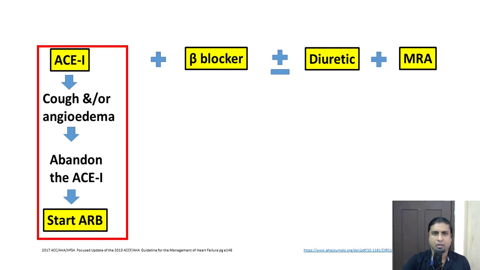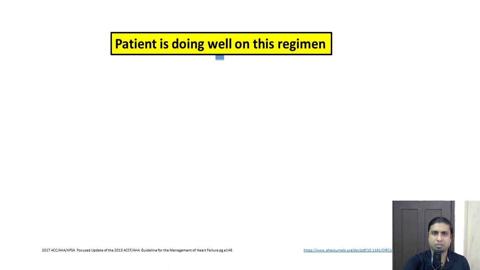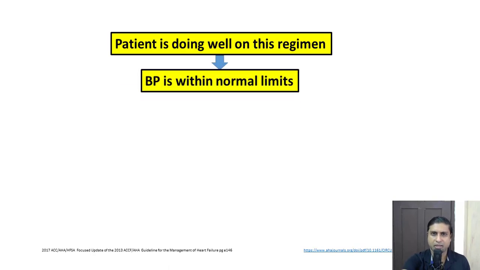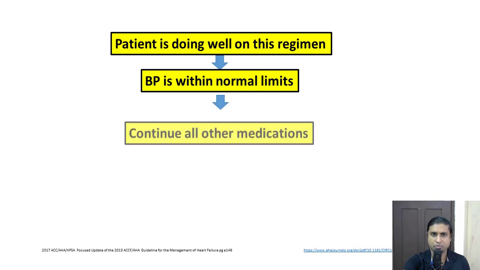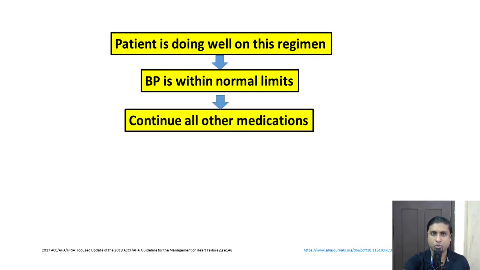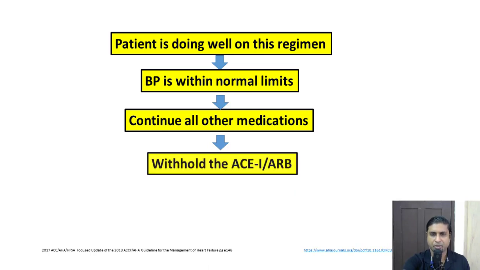Now, the beneficial effects of these drugs may take months to manifest. It may take up to 6 months to manifest. So if the patient is doing well with this treatment and if the blood pressure is within normal limits, the guidelines advise us to continue all these medications, but to withhold the ACE inhibitor or the ARB as the case may be.